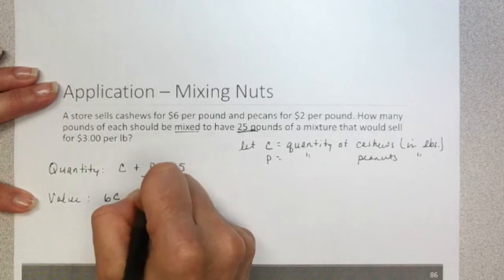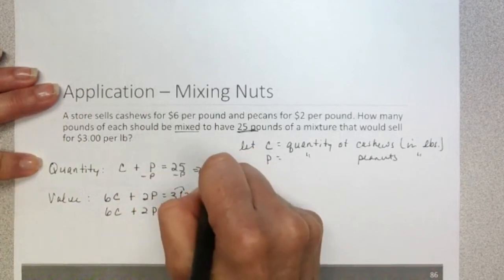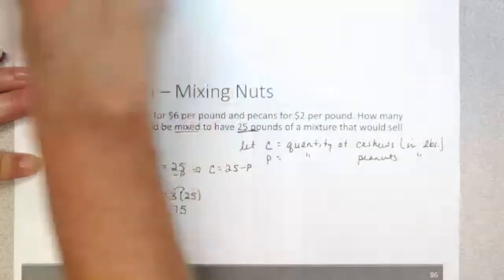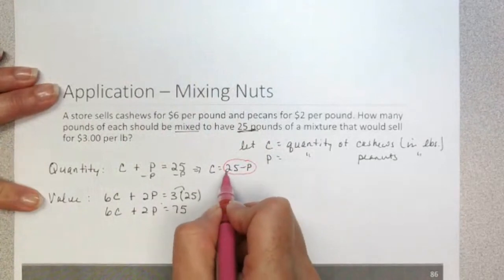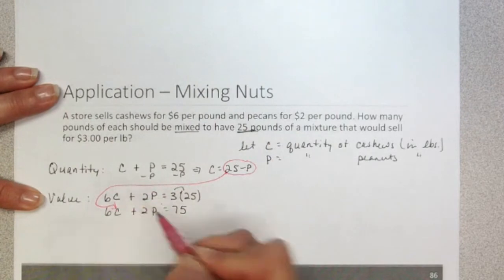Let me just subtract a P from both sides here and rewrite this quantity equation as C equals 25 minus P. Well, let's substitute that 25 minus P into the other equation for C. So that's going to go in right there.